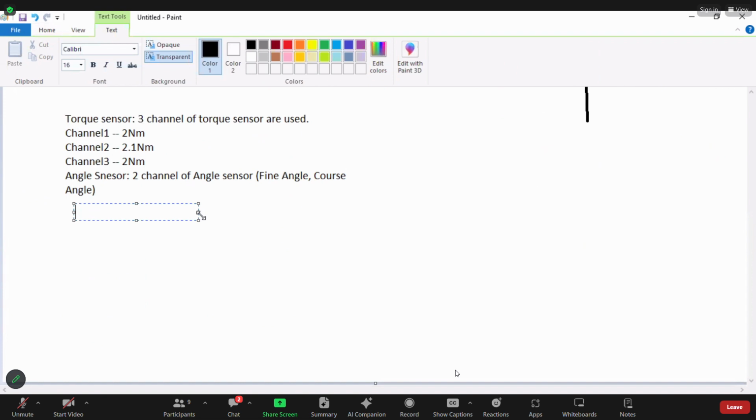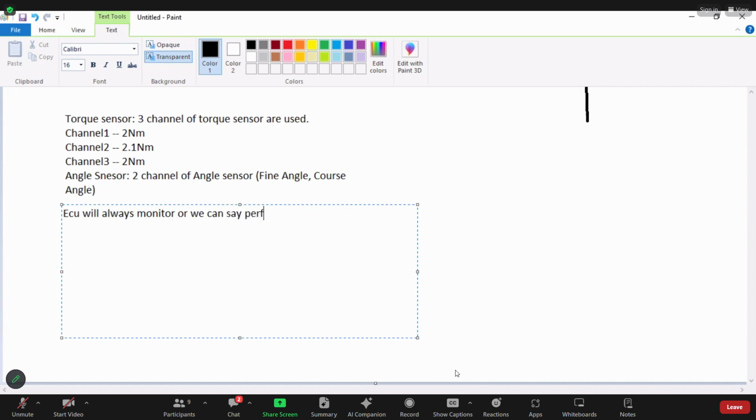Let's say there is a failure observed in channel 1. This channel 1 is not working. Then the ECU will always monitor, or we can say perform a test.